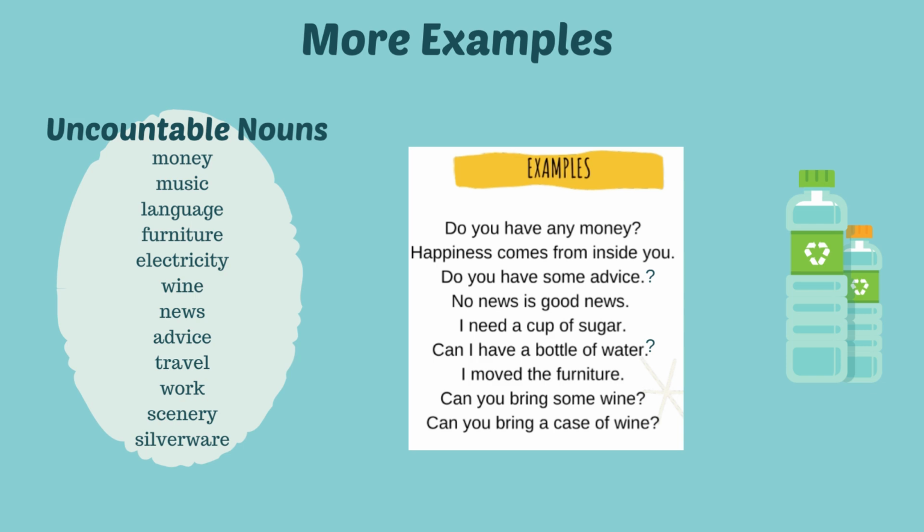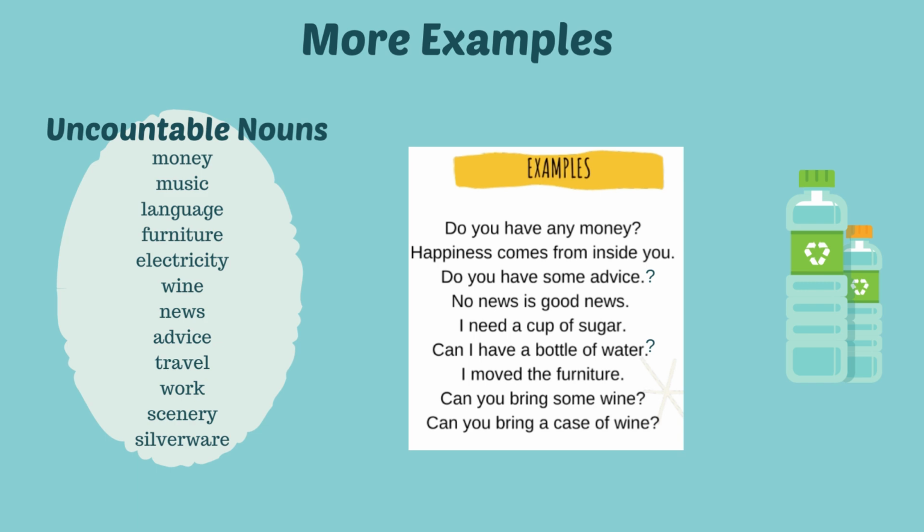Uncountable nouns: money, music, language, furniture, electricity, wine, news, advice, travel, work, scenery, and silverware. As you can see, for example, we looked at dollars in the previous slide, but now we're looking at money.